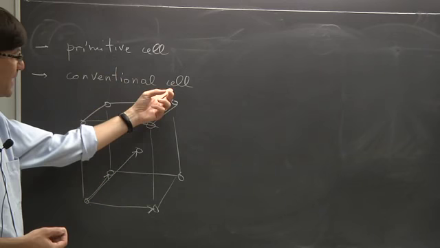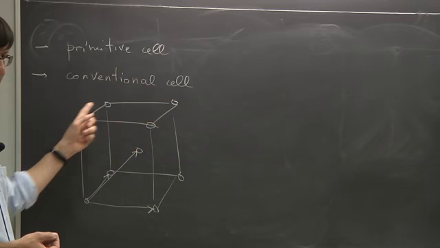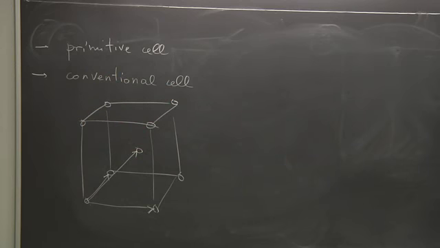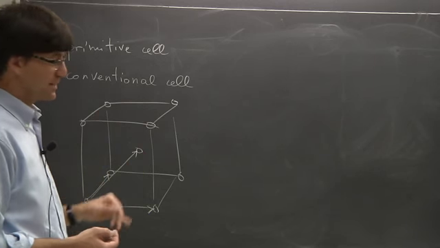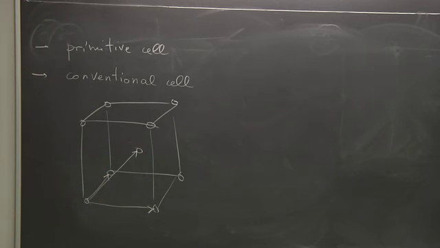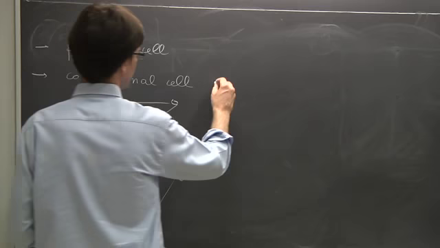The conventional cell in this case is the cube. So it's the unit cell of the Bravais lattice seen as a crystal structure, that is, as a lattice with a basis. So the conventional cell here would be the cube.